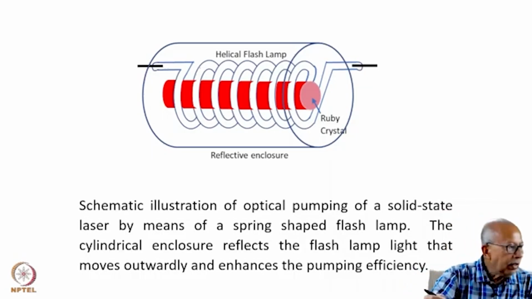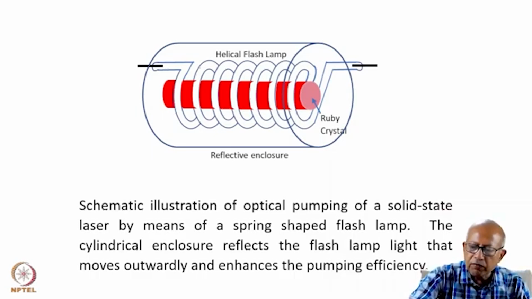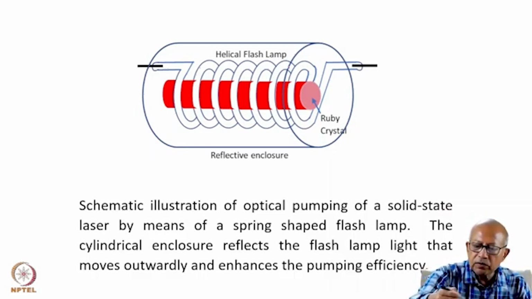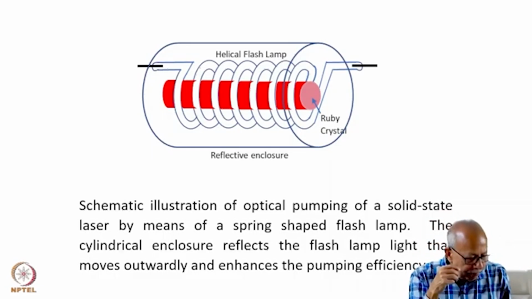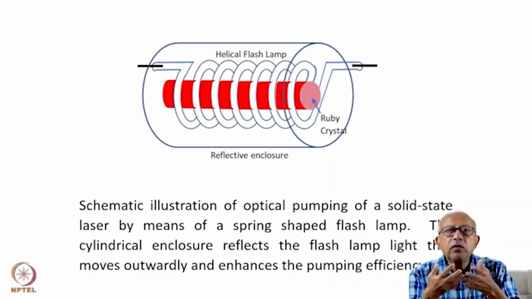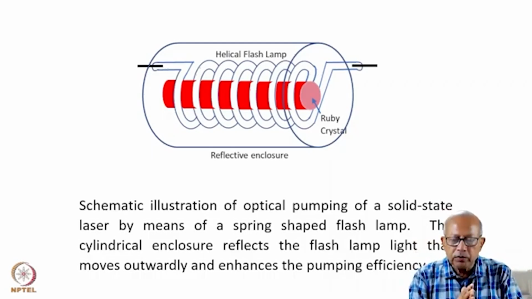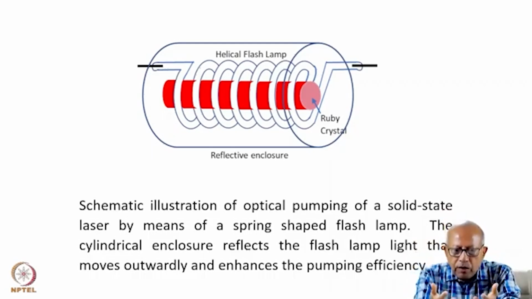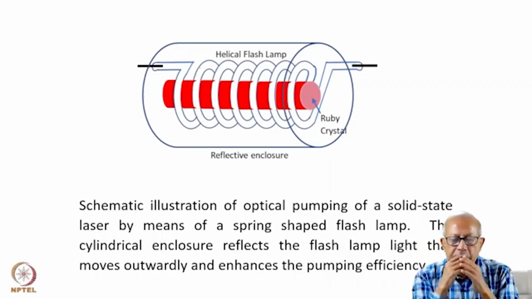The entire assembly is often placed inside a hollow cylindrical enclosure possessing a reflective inner surface. This is to ensure that, you see, in this helical flash lamp the light originates from spontaneous emission, so light will be emitted in all directions. The light which is emitted in the outward direction, if you don't use this enclosure, will just escape.